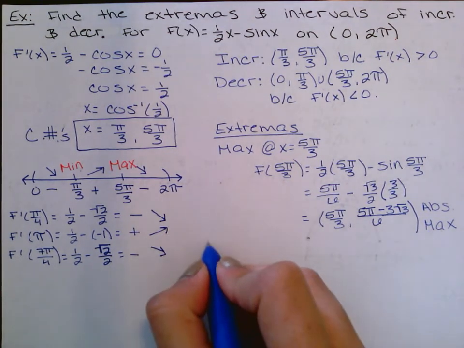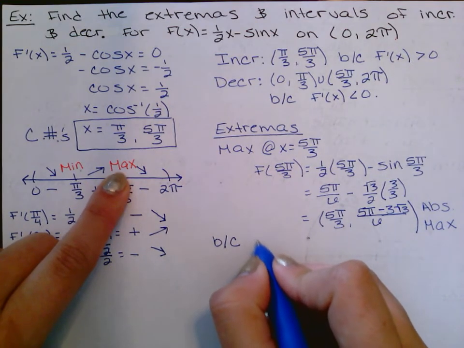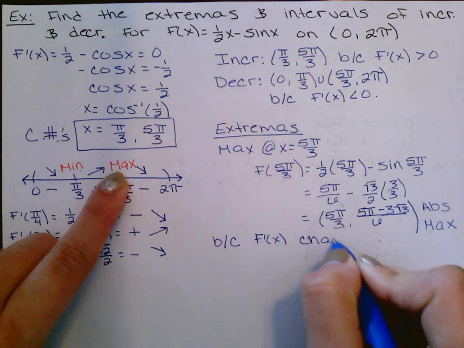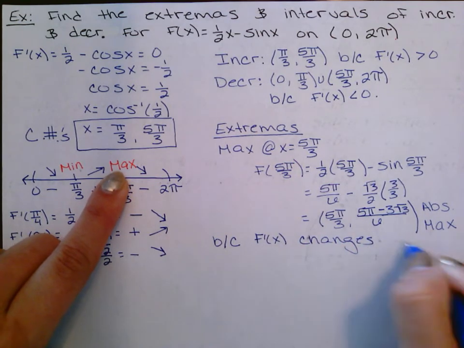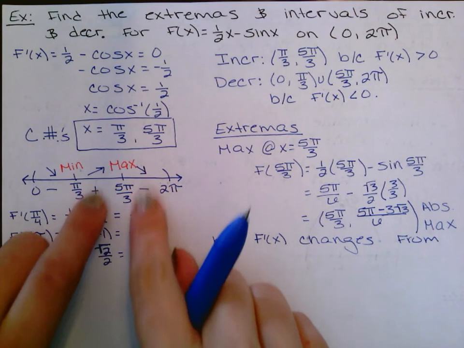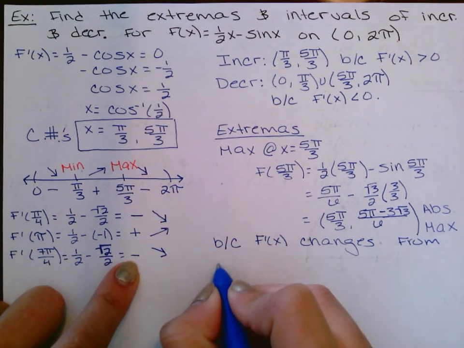This is my max because, okay, it's a max because f prime of x changes from, so I know I went increasing to decreasing, but I found that because f prime, the derivative, changed from positive to negative.